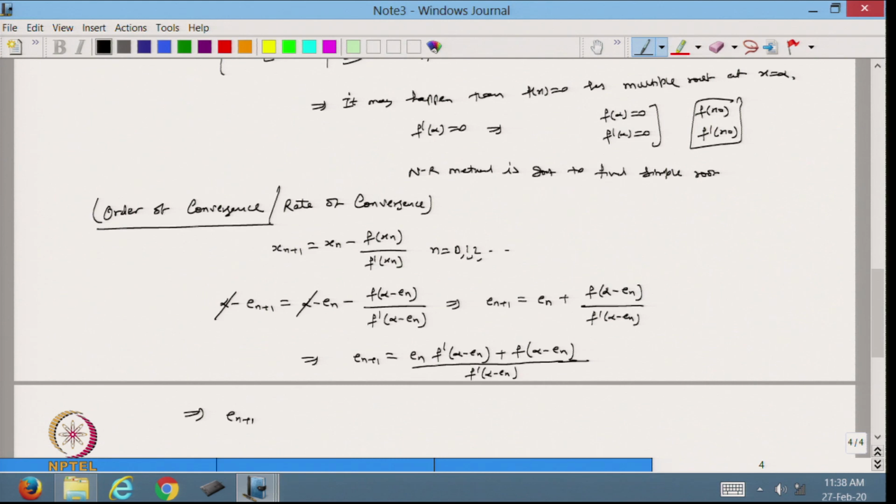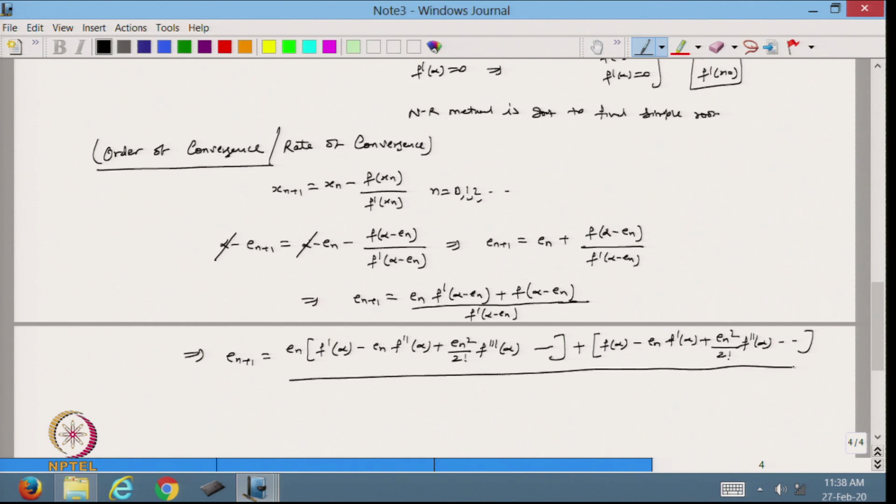Based on this I can write E n times f dash alpha minus E n f double dash alpha plus E n square by 2 factorial f triple dash alpha and so on, plus f of alpha minus E n f dash alpha plus E n square by 2 factorial f double dash alpha and so on.